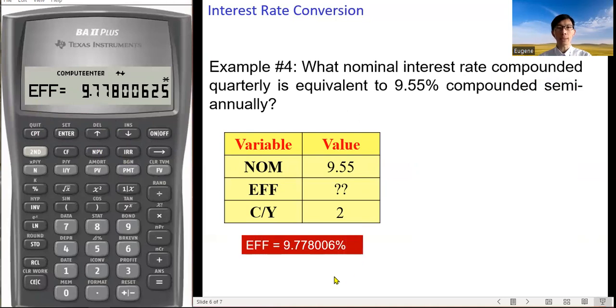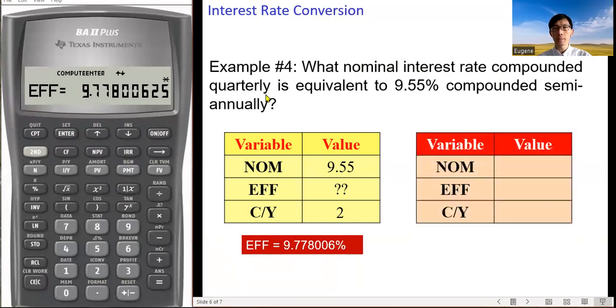We get 9.778%. With this effective rate, convert to the nominal interest rate compounded quarterly. So we already have the effective rate. We need to get the nominal interest rate with CY equals 4, compounded quarterly.